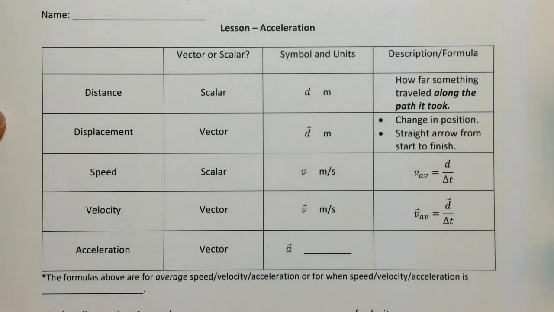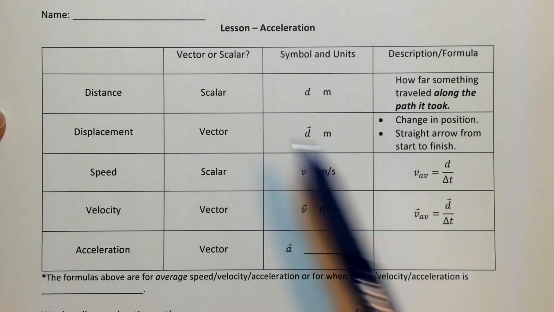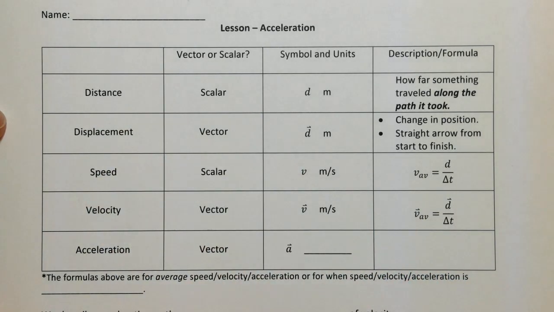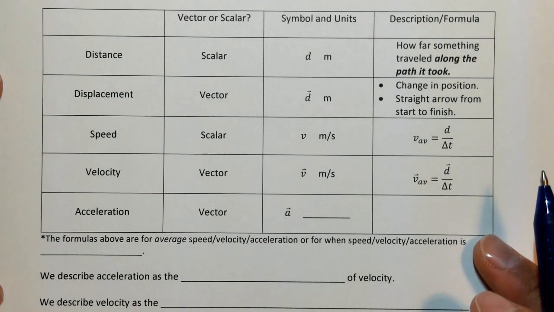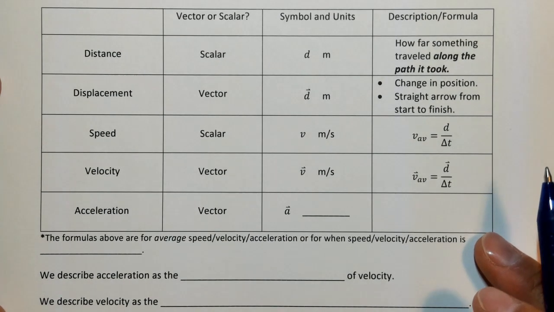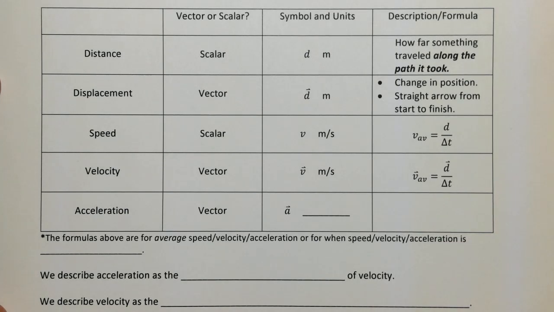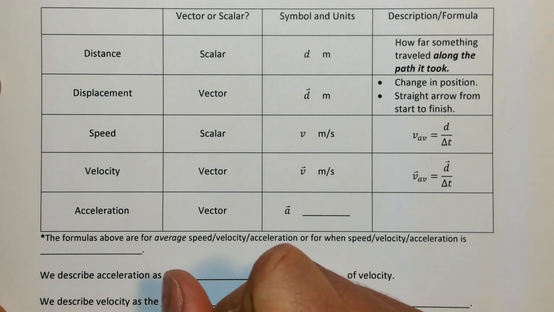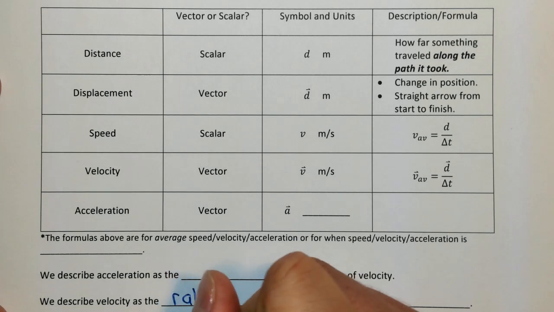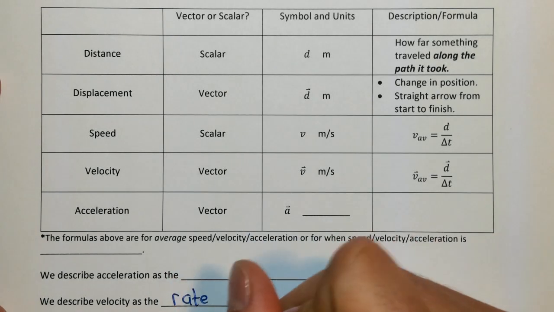Maybe one of the things I want to really highlight here is some of the patterns that appear among these quantities. So before we do that, I want to remind people that velocity is the rate of change of position.